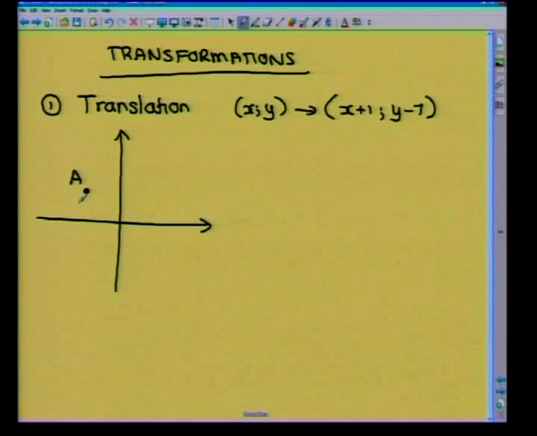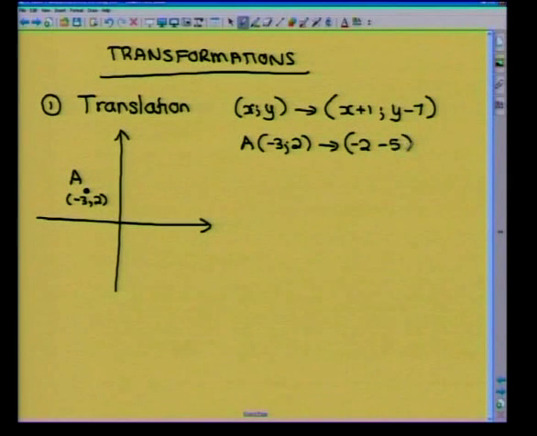So what you would do is you'd say, okay, whatever this coordinate was, let's make it (minus 3, 2). They're telling me take A, which is (minus 3, 2). And now the new point will become minus 3 plus 1, which is minus 2, and 2 minus 7, which is minus 5. And that would be my A dash, if you like. And so I would say, right, that would be (minus 2, minus 5), and that would be A dash.